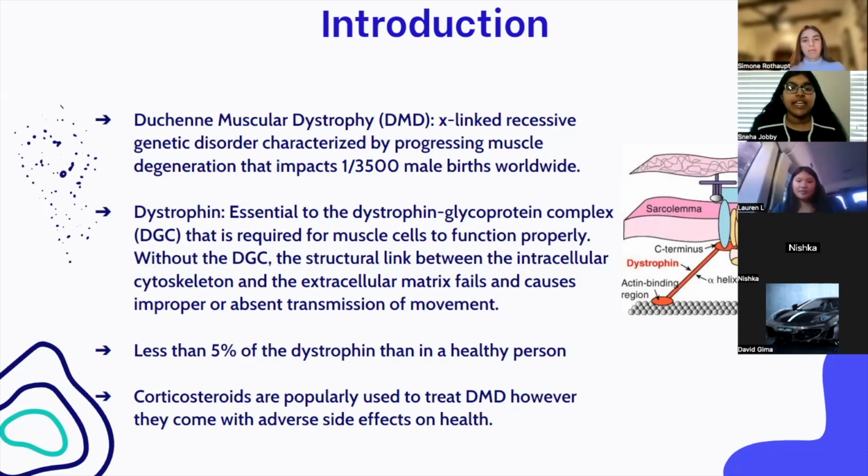The DGC is essential for muscular health because without the DGC, the structural link between the intracellular cytoskeleton and the extracellular matrix ultimately fails and results in improper or absent transmission of movement, as shown by the diagram on the right. The DGC is crucial to skeletal and cardiac muscle health and performance, so a diagnosis of DMD is devastating for patients.